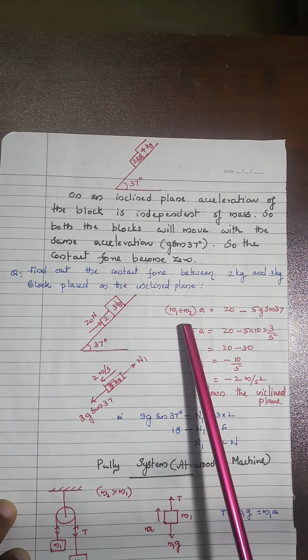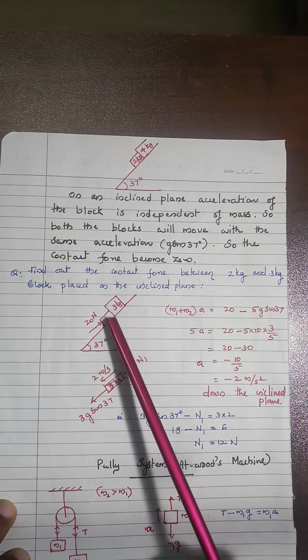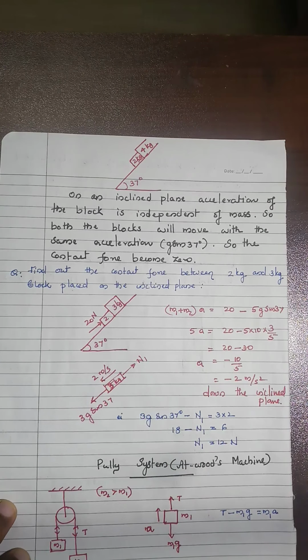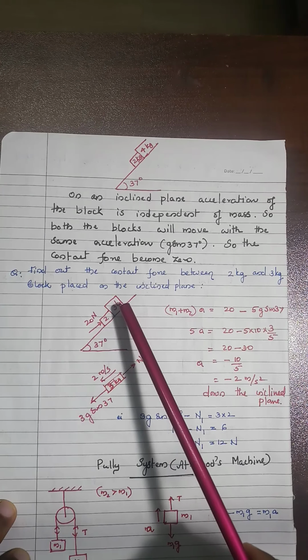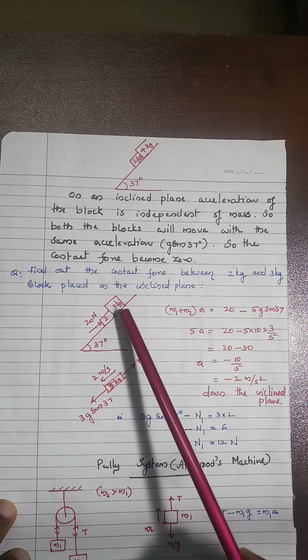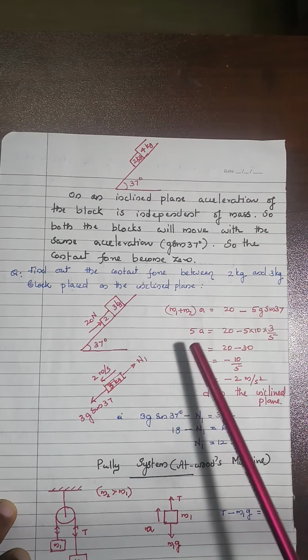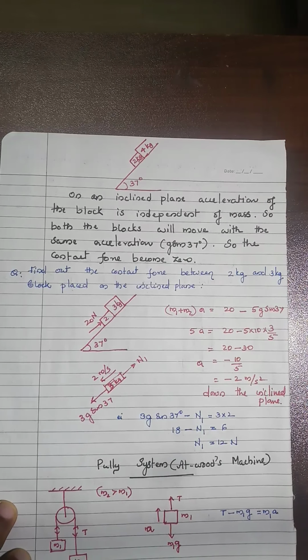So here 2 plus 3, the 5 kilogram is there. So (m1 plus m2) into a. So we can find what is the acceleration acting on it.